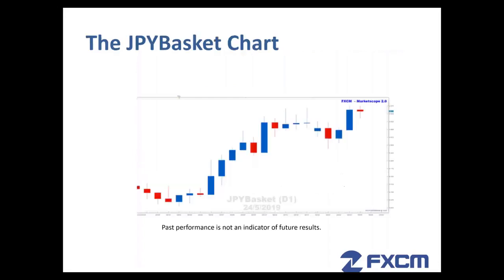The next slide actually shows the daily chart of the Japanese yen basket, and you can see in this particular chart, it's moving in a northeasterly direction, seeming to suggest an appreciation in the Japanese yen.